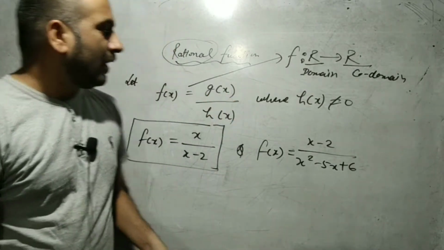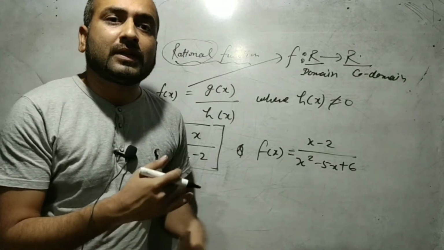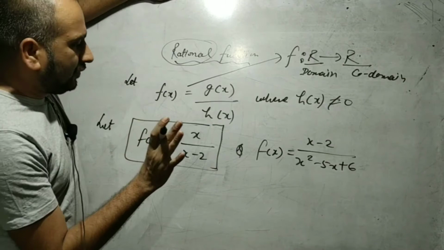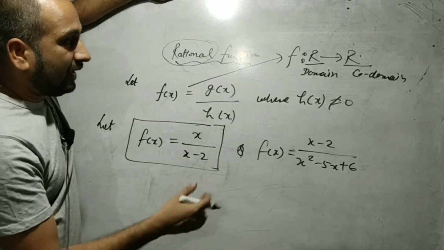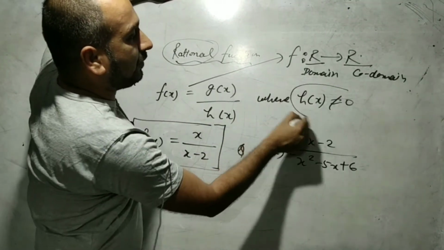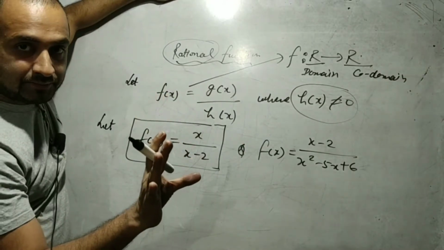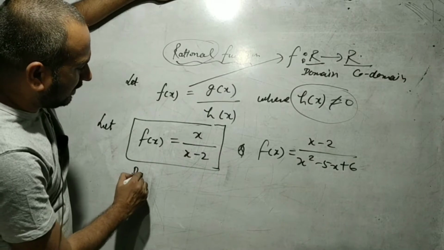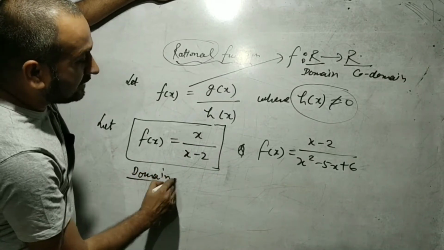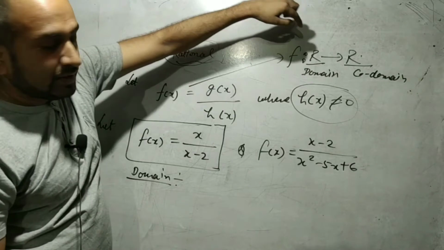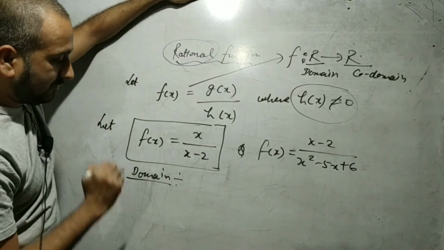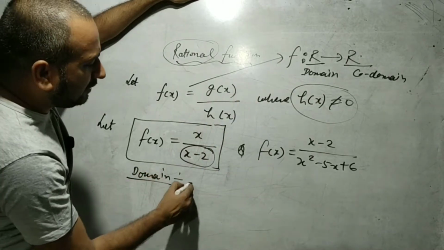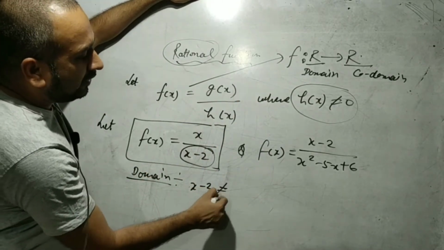Now I'm going to tell you how you determine the domain of this function. Here one thing you know very well, the denominator never will be equal to 0. Is it clear? So what is the domain of this function? The domain is defined for all the real numbers, but we know that the denominator never will be equal to 0, meaning x minus 2 does not equal 0.